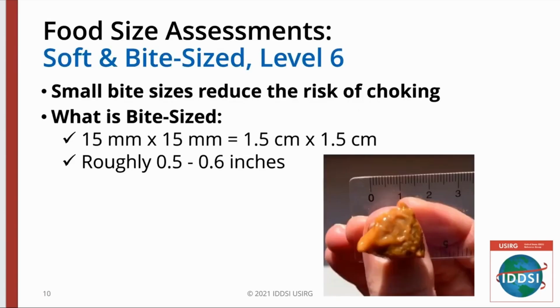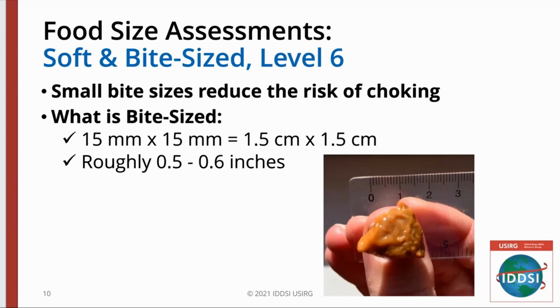The soft and bite-sized level 6 food size restriction is 1.5 by 1.5 centimeters and is so important for patient safety. This is the size of a piece of food that could fall through the airway but not block it, which causes choking. Imagine having a beef stew with potatoes and other vegetables.